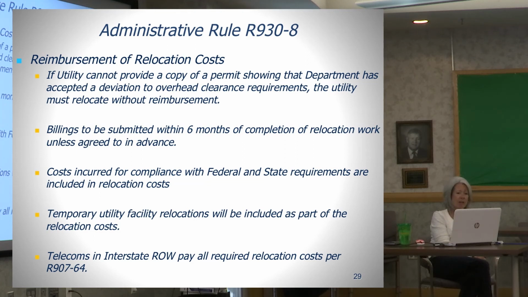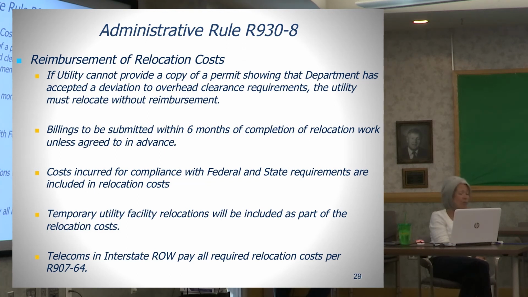Utility billings, final billings are to be submitted within 6 months of the completion of utility relocation work unless agreed to in advance by the parties. Costs incurred with compliance for state and federal requirements are included in relocation costs. Temporary utility facility relocations are to be included in the relocation costs as well.